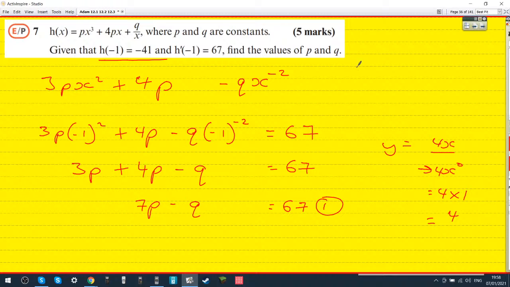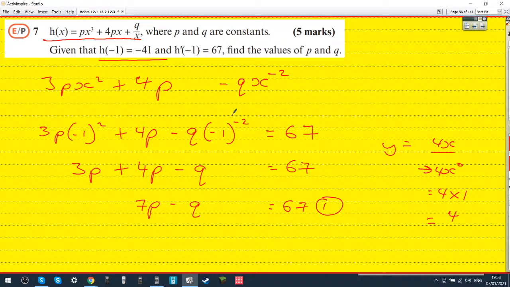So would you put minus 1 for x but make it equal to minus 41? Well, you do the same thing, except you sub minus 1 into the h of x equation and make that equal to minus 41.